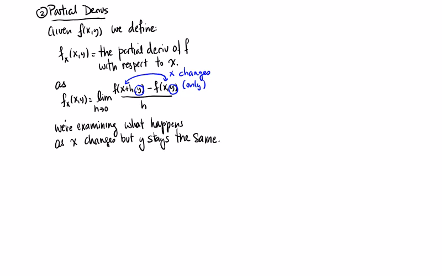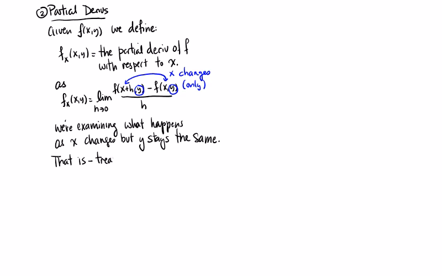Now, this is not like a deep theoretical calculus course, so we don't need to go back to this definition. Instead, we can think about what this is actually saying, right? So this is like saying, what's the derivative, but treat x like the variable, but y like it's a constant, right? So in other words, the idea of what's going on here is the following, right?